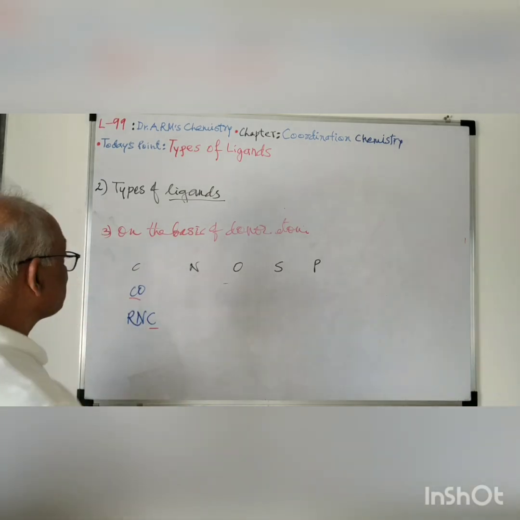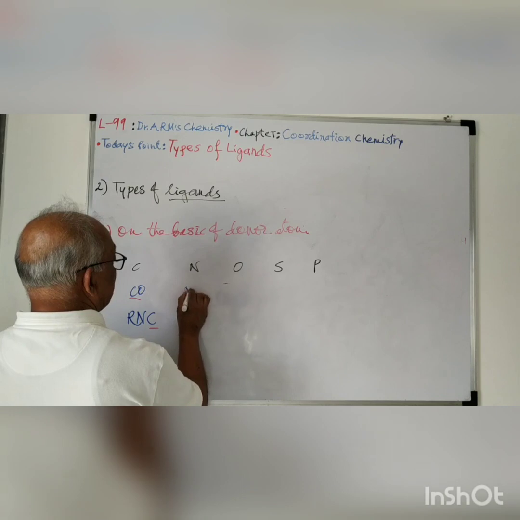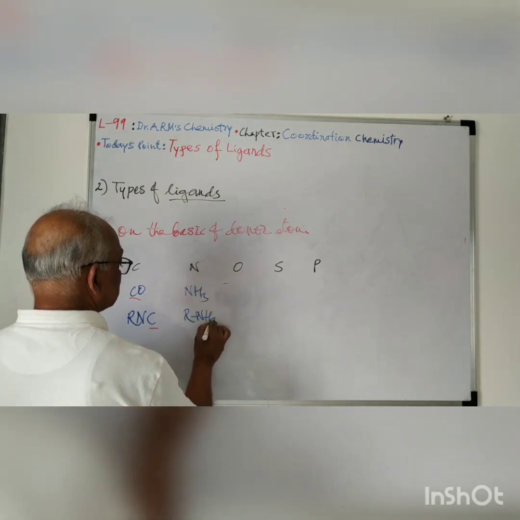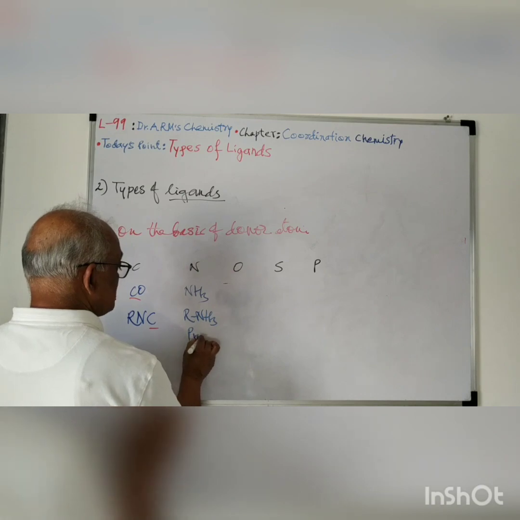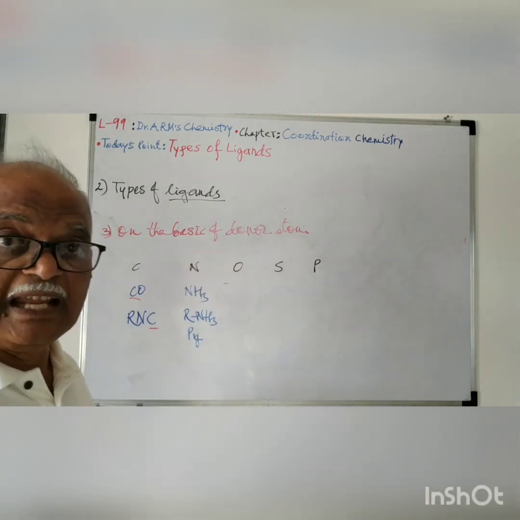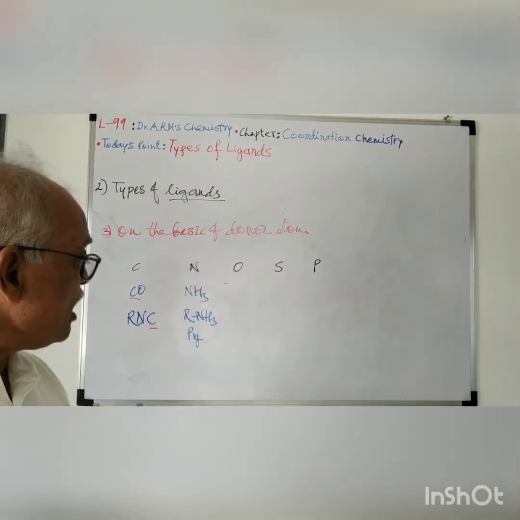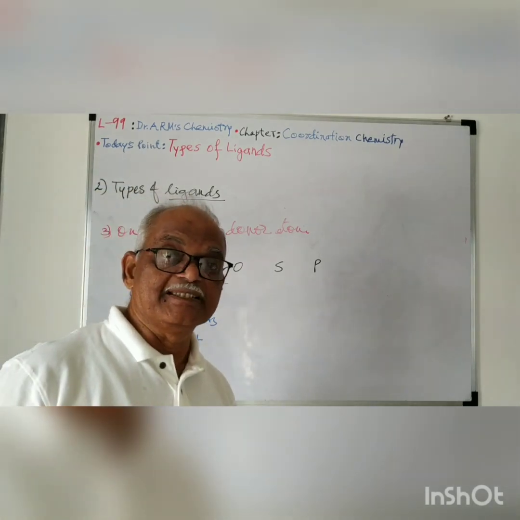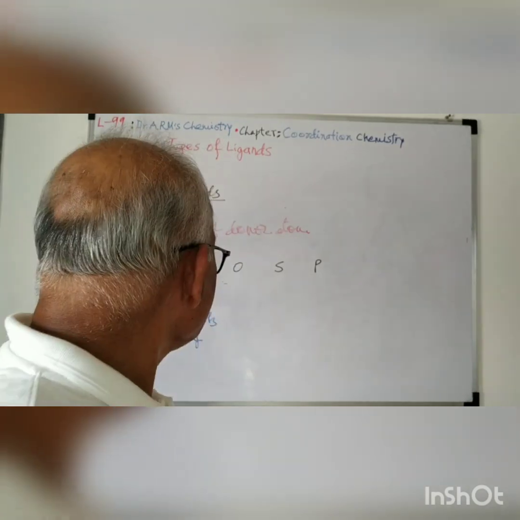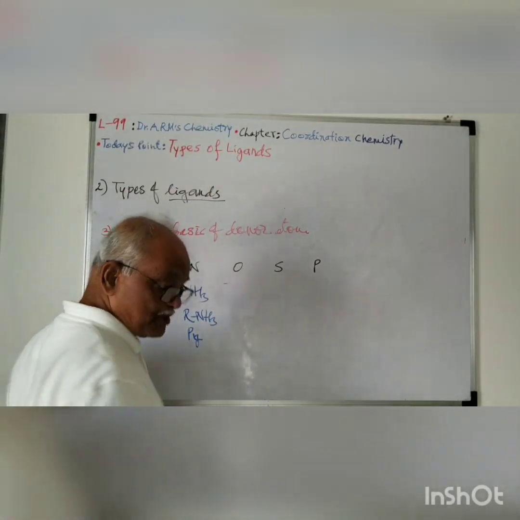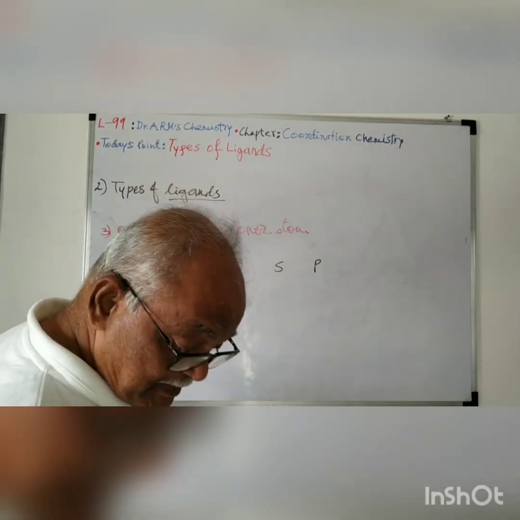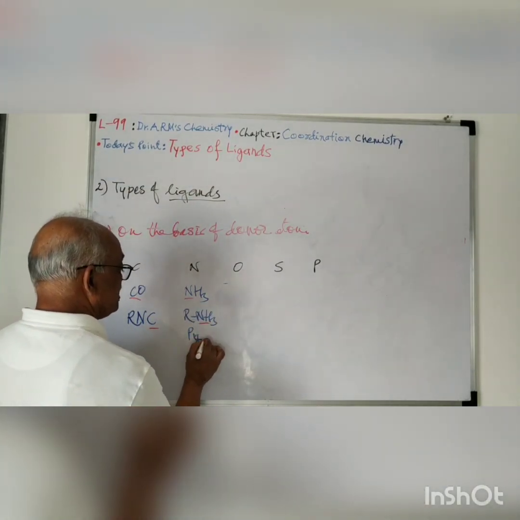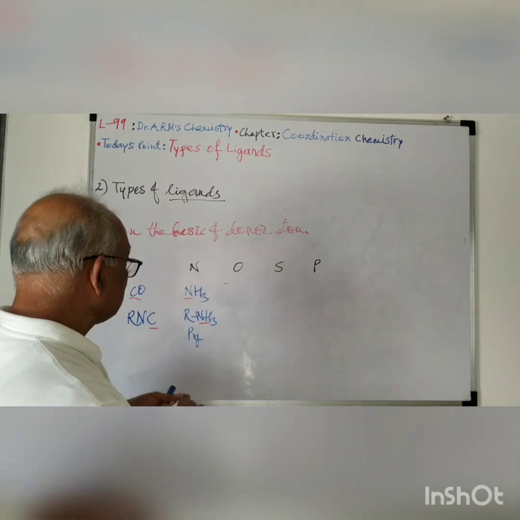Then again, if we see nitrogen, we can have NH3, R, NH2, or here we can have organic species like pyridine, or any other nitrogen containing species. Here the point of attachment is nitrogen, and here also the point of attachment is nitrogen.